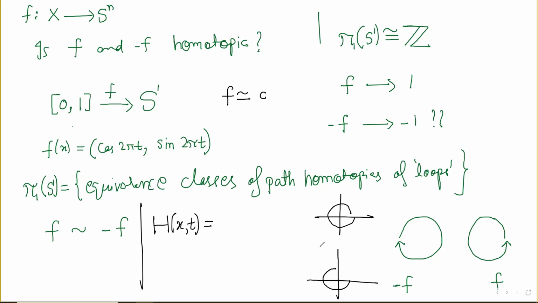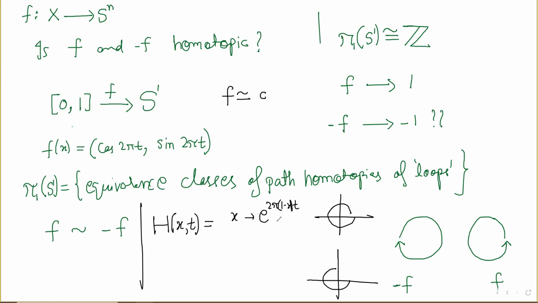And then it is not a path homotopy, of course. So what is the map? If I take x going to e to the 2 pi i (1 minus x) t.